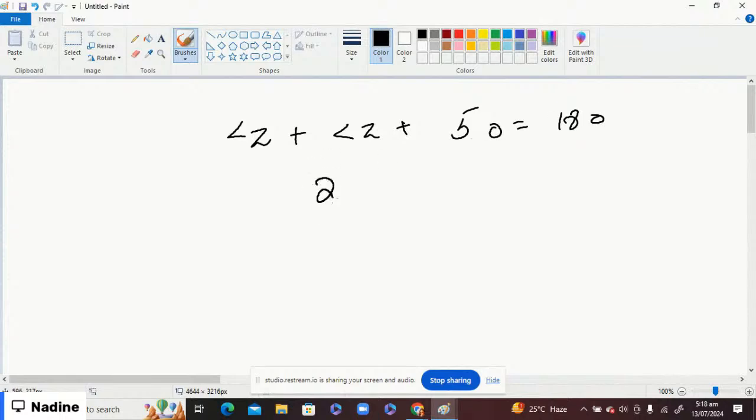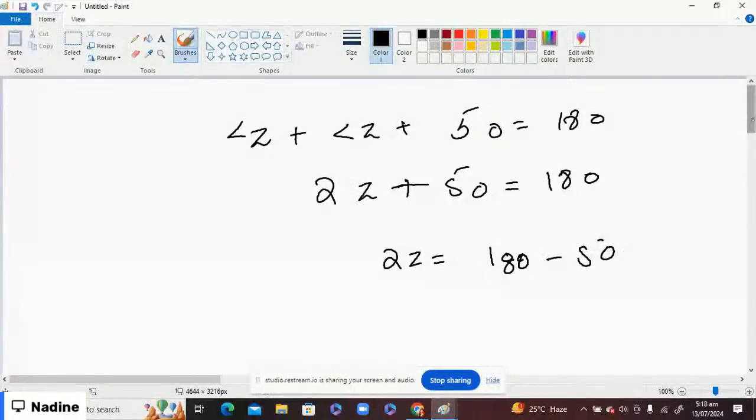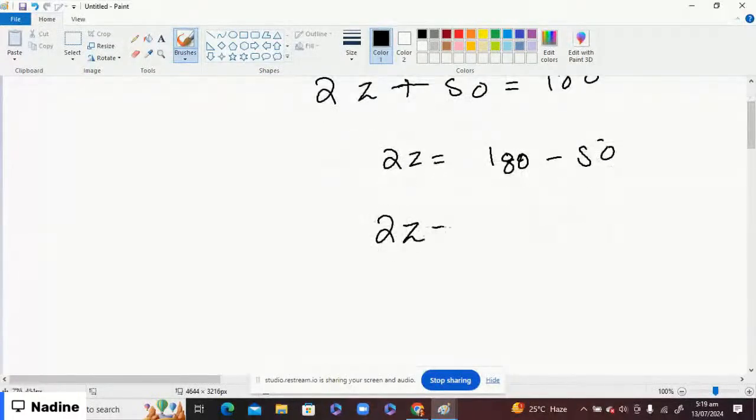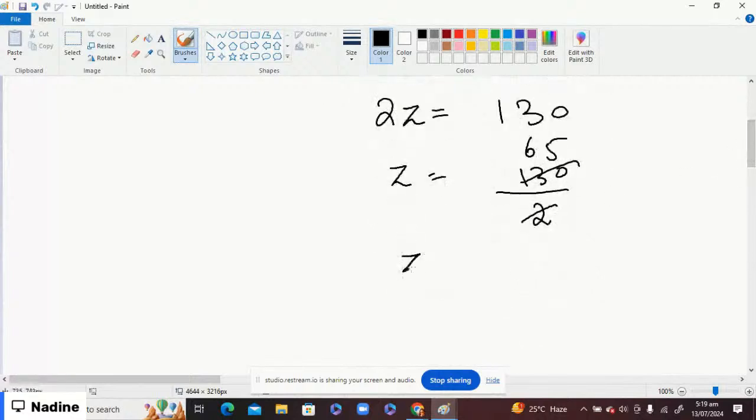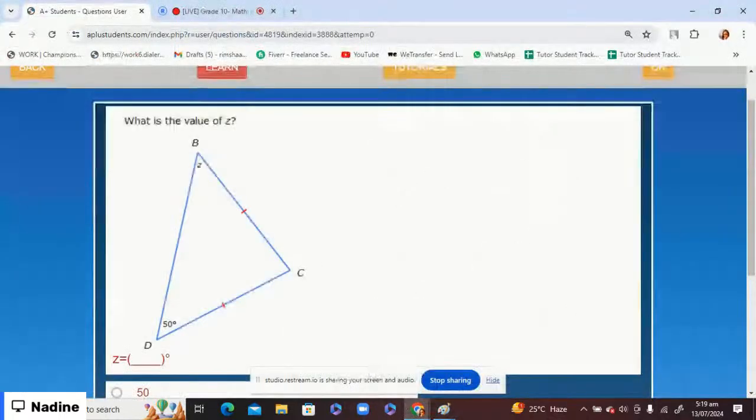So 2z plus 50 is equal to 180. So 2z is equal to 180 minus 50, which is 130. So z is equal to 130 over 2, which is 65. So z is equal to 65. My answer is this when I solve.